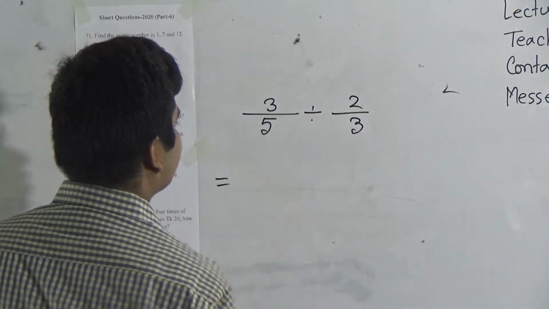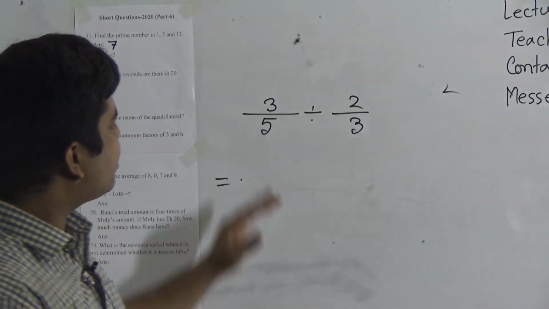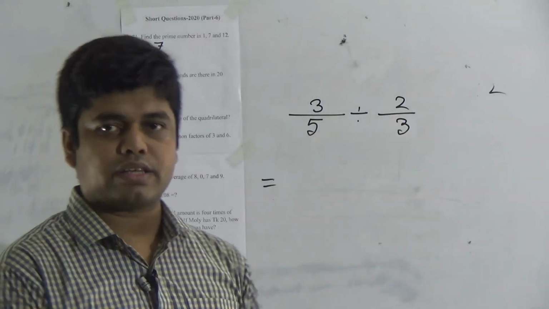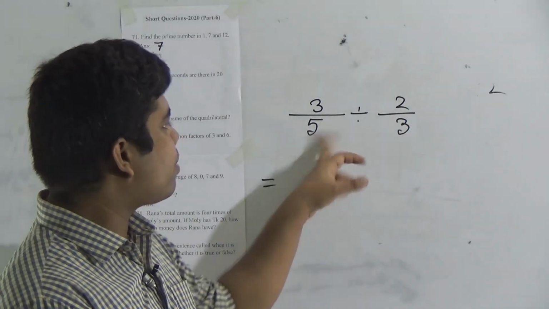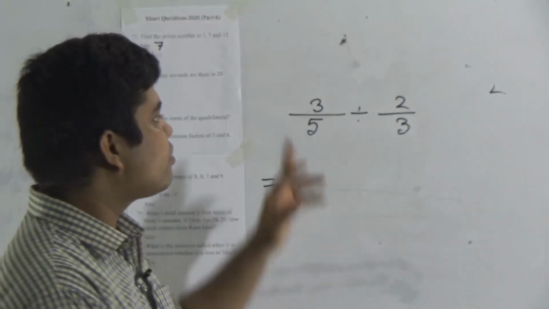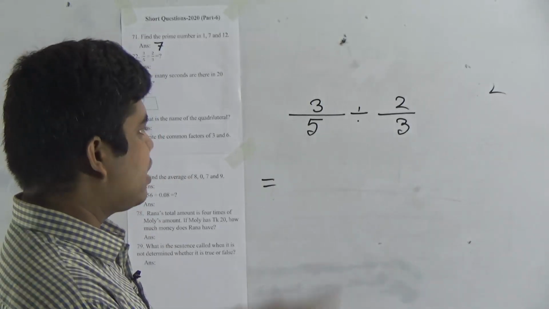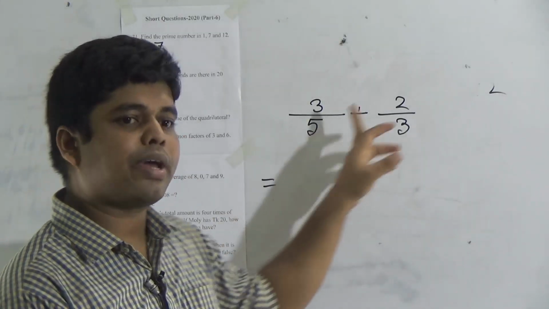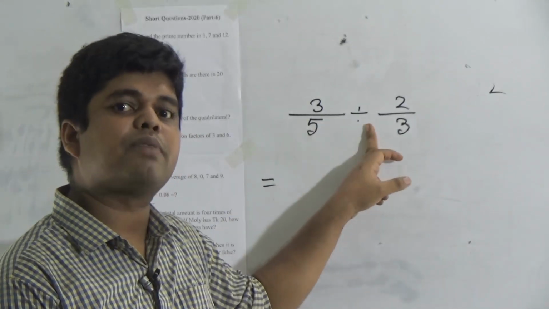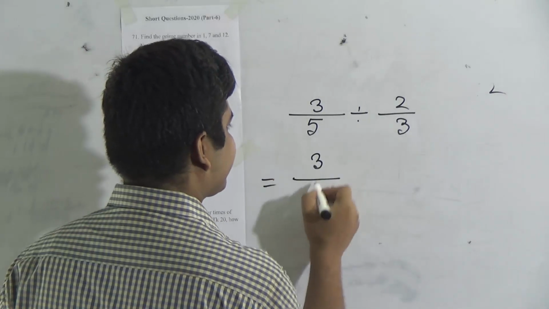Notice, what do we mean by division of a fraction by another fraction? Division of a fraction by another fraction means multiplication of the first fraction with the reverse of the second fraction. I repeat, division of one fraction by another fraction means multiplication of the first fraction with the reverse of the second fraction.